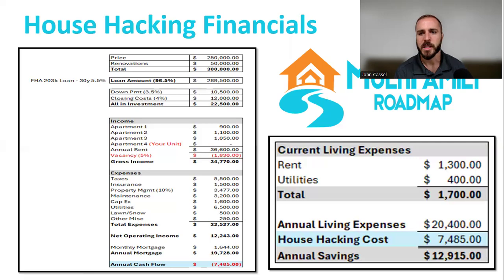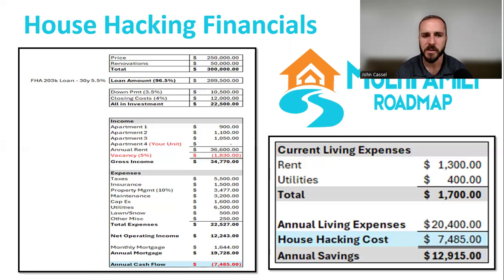You can get in a little bit cheaper than if you were buying with a loan where you'd have to put 25% down plus the additional closing costs. And you don't have to bring the renovation costs because those are also wrapped into the 203K loan. That 203K FHA loan is a 30-year loan, just like your traditional 30-year mortgage. For this example, we use 5.5% for the interest rate.